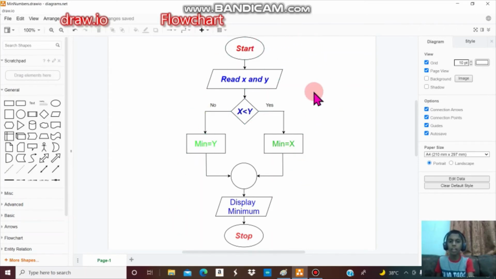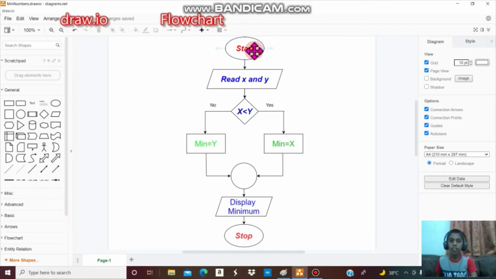In this program, we have start at the top and stop at the bottom. So it's all the same. But here we have minimum. Our goal in this program is to find the minimum number, the smallest number.